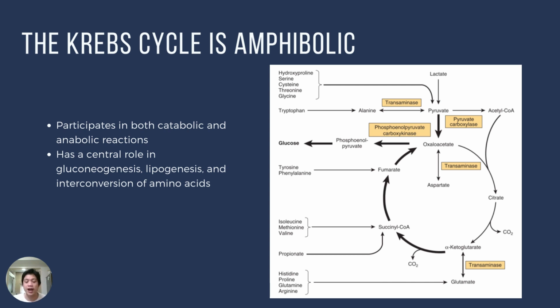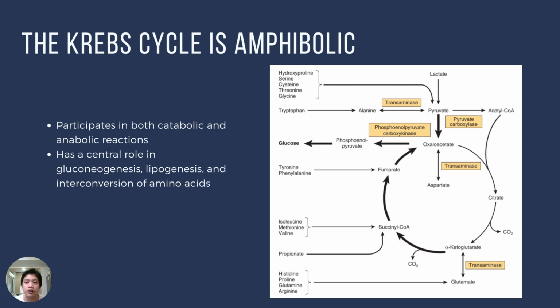Again, catabolic reactions will degrade a larger molecule and produce smaller products, while anabolic reactions will fuse together smaller reactants to make a larger molecule that is the product. So, the Krebs cycle has a central role in gluconeogenesis, which is the formation of glucose from non-glucose sources. It participates in lipogenesis, which is the synthesis of fat, and in the interconversion of amino acids.